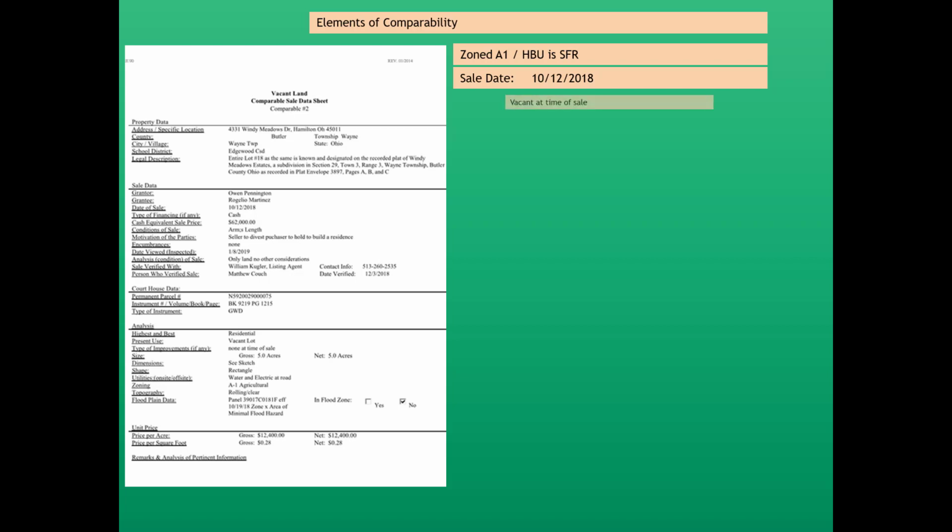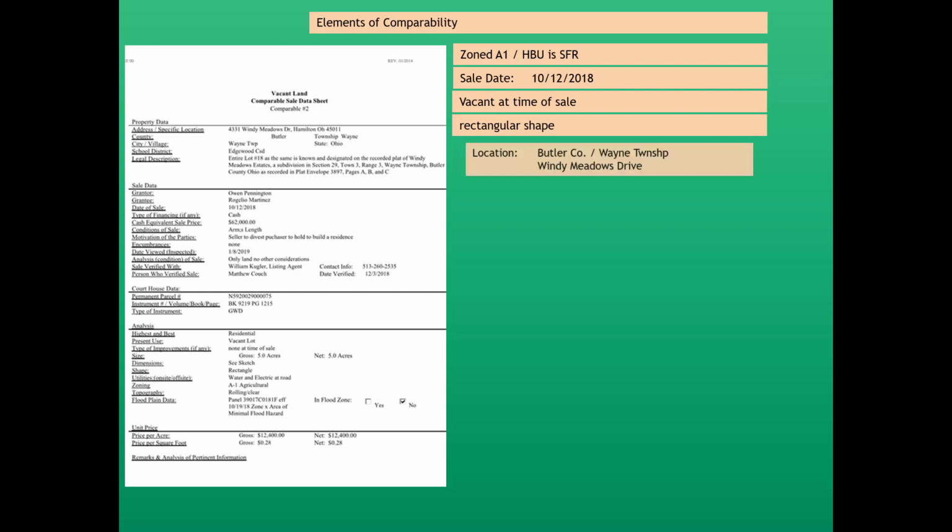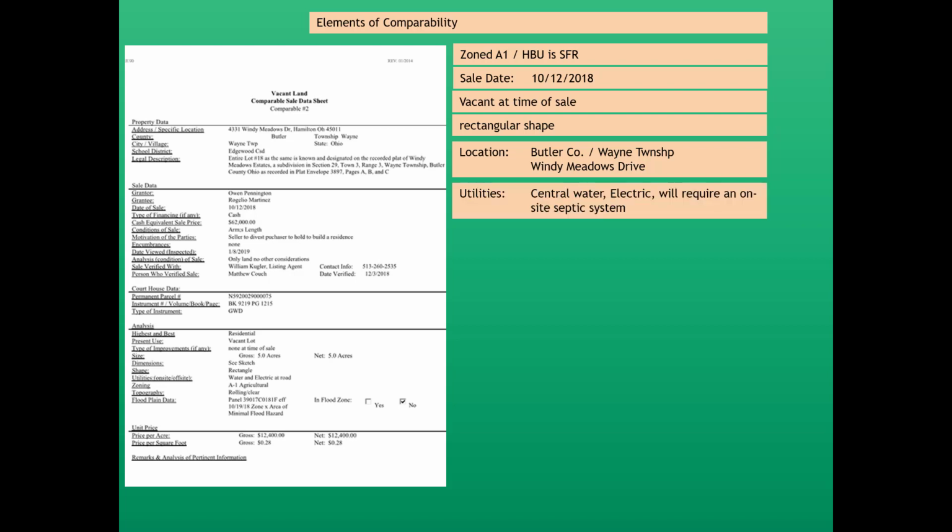All right, sale number 2. Also zoned A1, highest and best use is single family residential. Sale date is October 12th, 2018. Vacant at time of sale. It's rectangular in shape. It's also in Butler County in Wayne Township, and it's on Windy Meadows Drive.